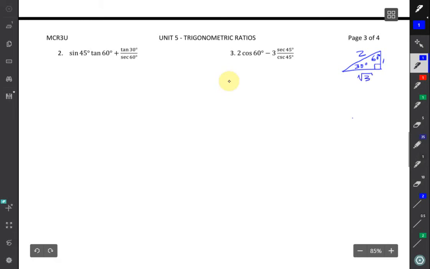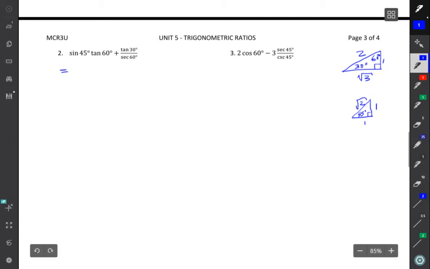And then I have my isosceles triangle here. So it's a 1, a 1. There's a 45 degree in here. And then root 2 is the largest side.